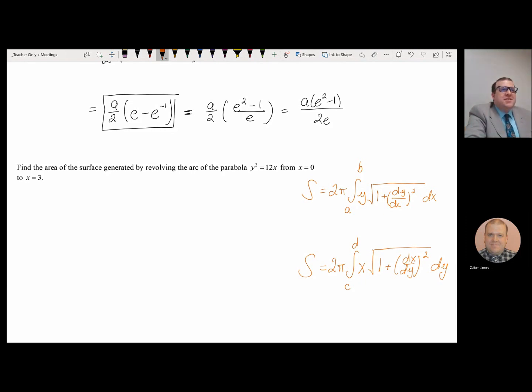And generally speaking, these integrals are not nice. They're even worse, generally speaking, than an arc length.